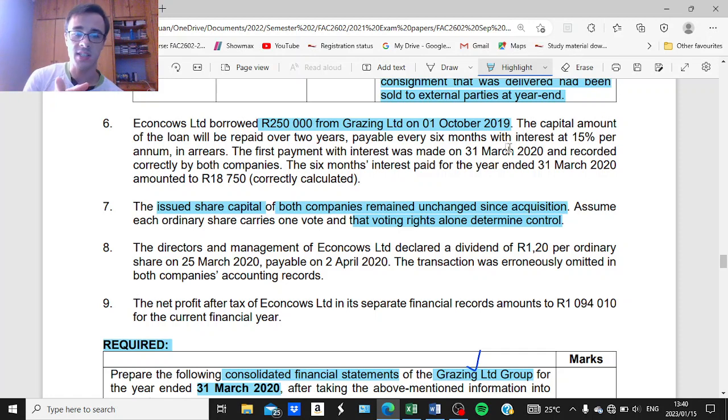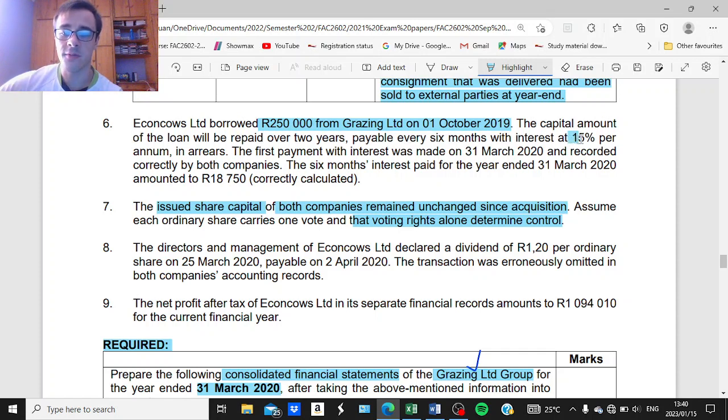So what this means is that the loan itself will not be settled within the next financial year. So in Econ Cows Limited's records, it will be shown as a non-current liability because they need to settle the amount with Grazing Limited. And in Grazing Limited's records, this will be shown as a non-current asset because it is not receivable within the next financial year.